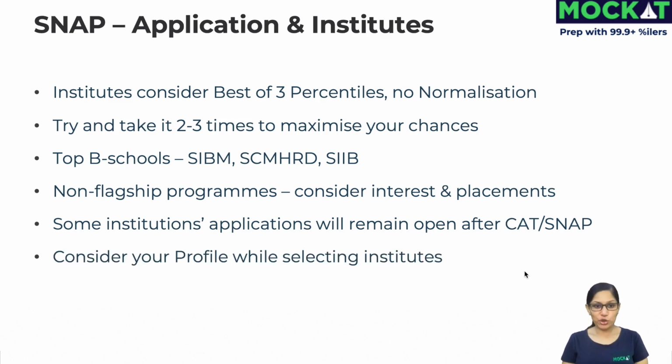Another thing to consider is your own profile. So IIMs, for example, will look at your CAT score, but they look at a few other things such as ACADS, work experience, diversity, and so on. Now, when it comes to Symbiosis Institutes, they're only looking at your SNAP percentile. And here again, there's no sectional cutoff or anything like that.